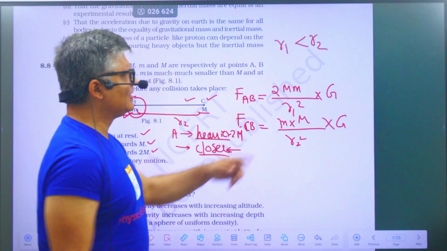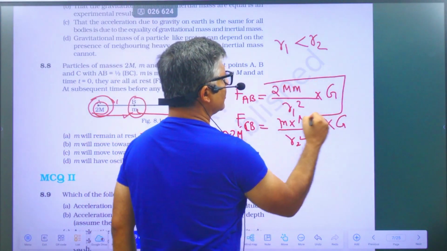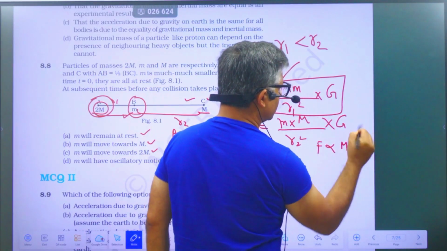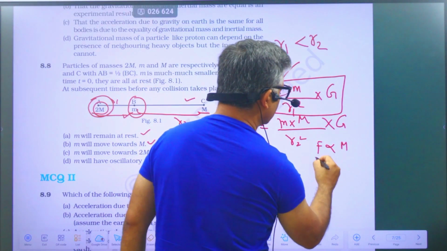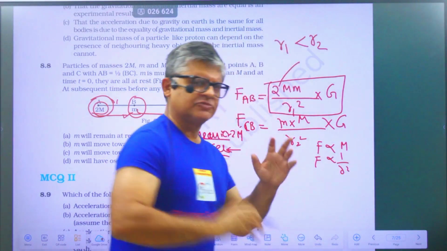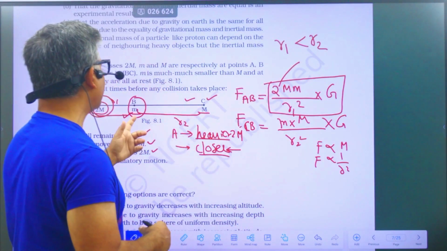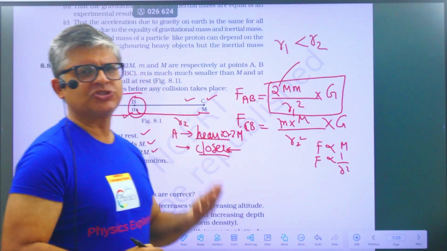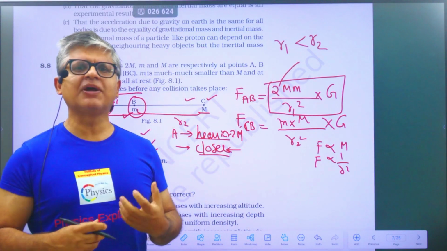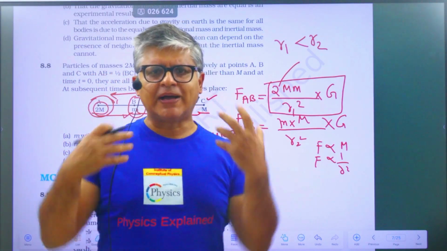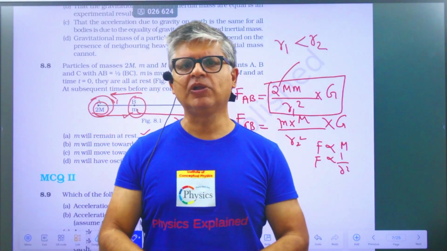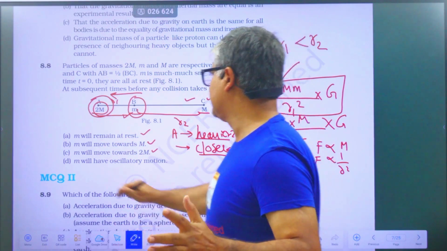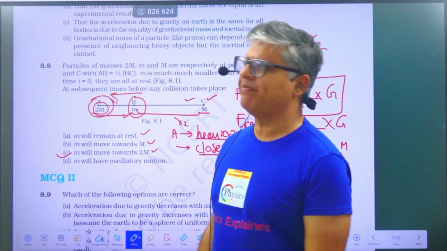What happens? This expression becomes very large, right? Because you're double the mass, the force is proportional to mass, and then your distance is also very small, so you're inversely proportional, right? So straightforward, which means the mass m will move towards 2m, it will get attracted towards 2m because the force of pull which is coming from 2m is much larger because its mass is very large and the distance is very small. So we have solved the question, right? The answer is the mass m will move towards 2m.